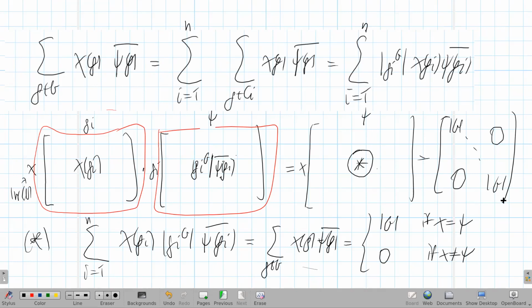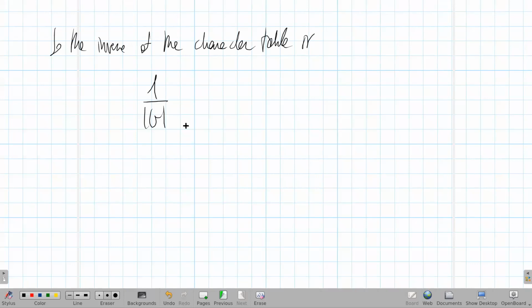And so we obtain a scalar matrix. And so this means that the inverse of the character table is 1 over G, okay?